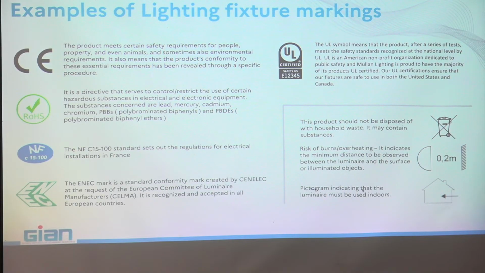Something I want to highlight here is that all fixtures have markings. And those markings are not just to be beautiful. They have a meaning and you have to understand them. One here, the CE, is a European conformity. We will speak tomorrow about CE marking. It's compulsory in Europe. A product, if it is not marked CE, cannot enter the European market, it is forbidden.